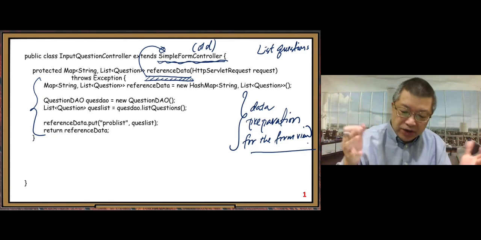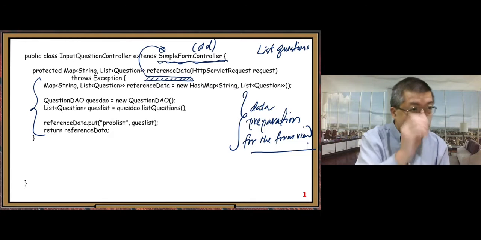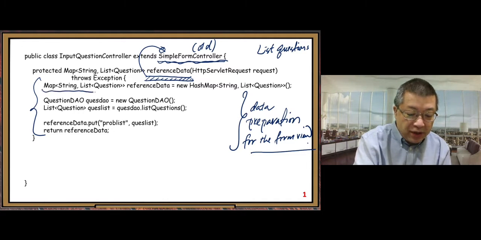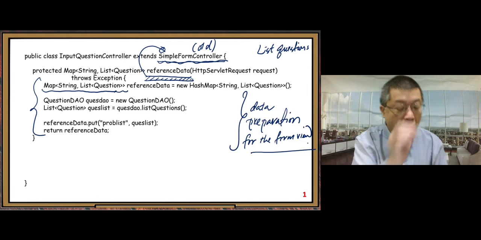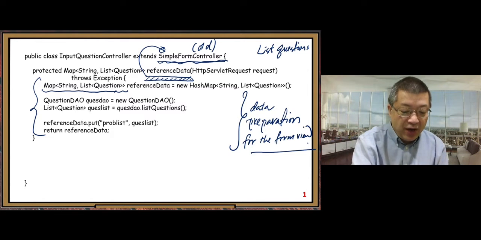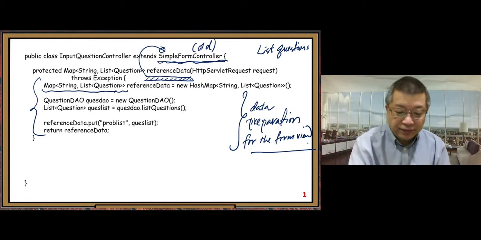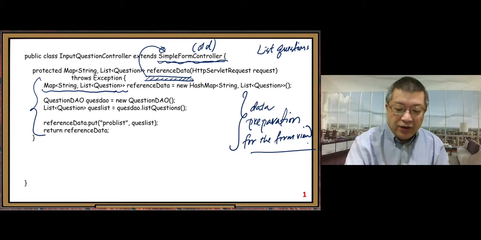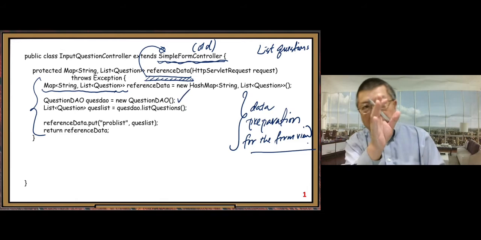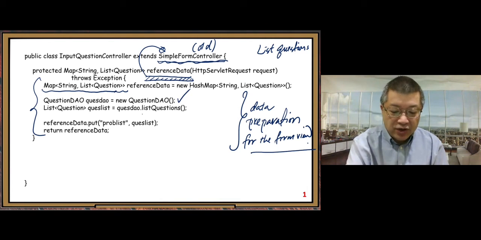Here in this example, you can see that. What is the appropriate format? Map object. So your reference data should be in this map object. String, list of question, in this way. So that's your reference data. Hash map, string. Then you use DAO object, database query, retrieve data. So we call list questions.